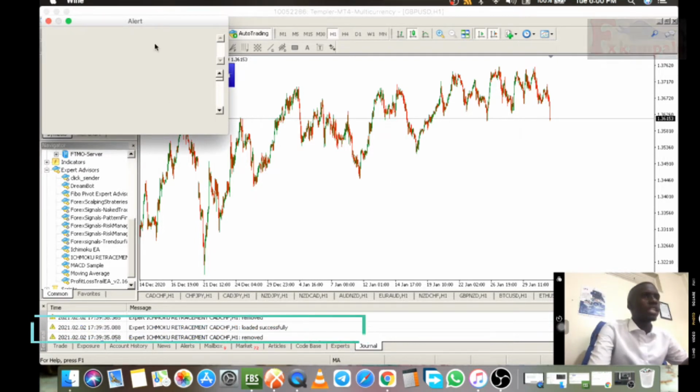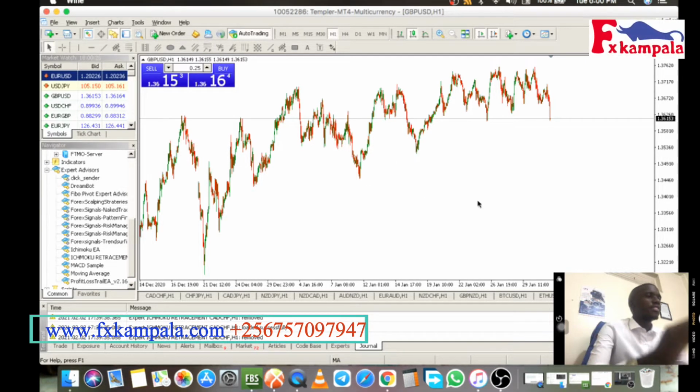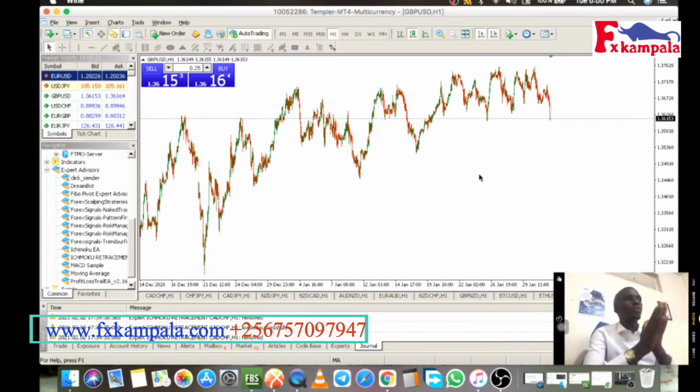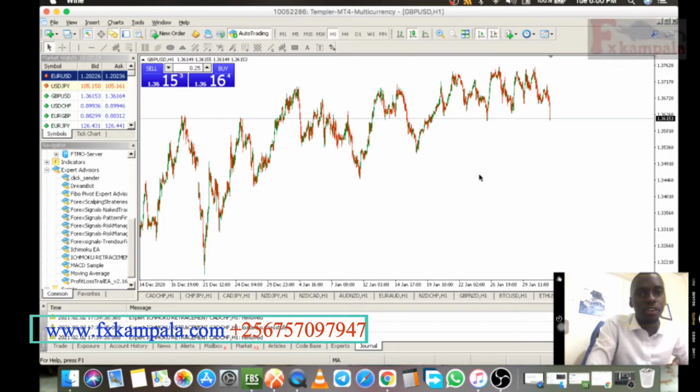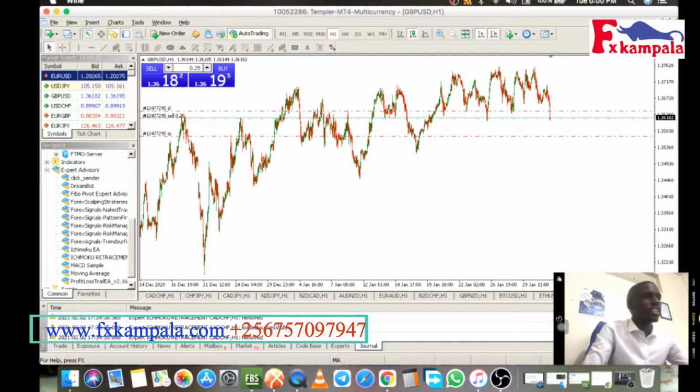Now what we're going to do is identify the resistance and then the support on this particular pair. This pair, just like the way we see it, is GBP USD.